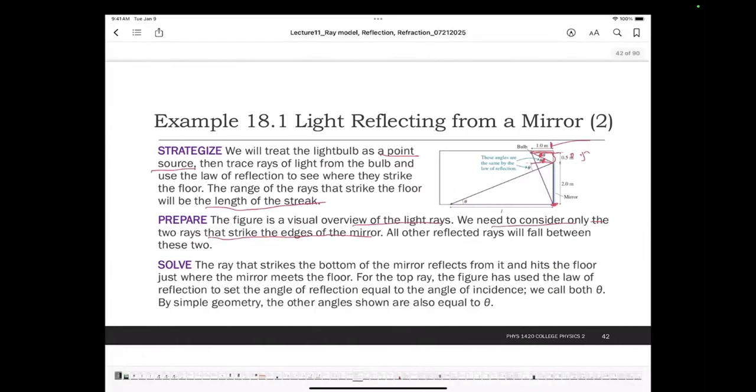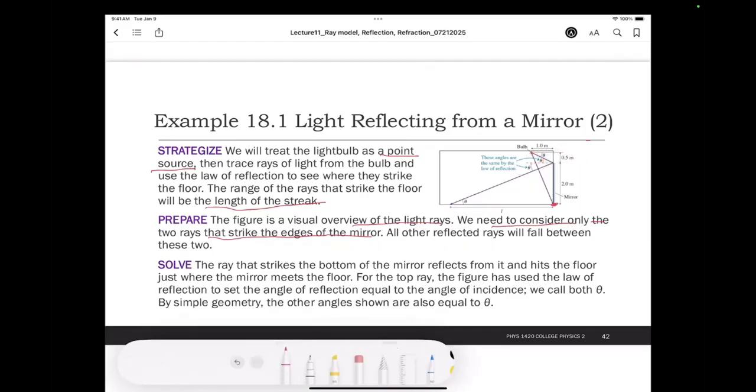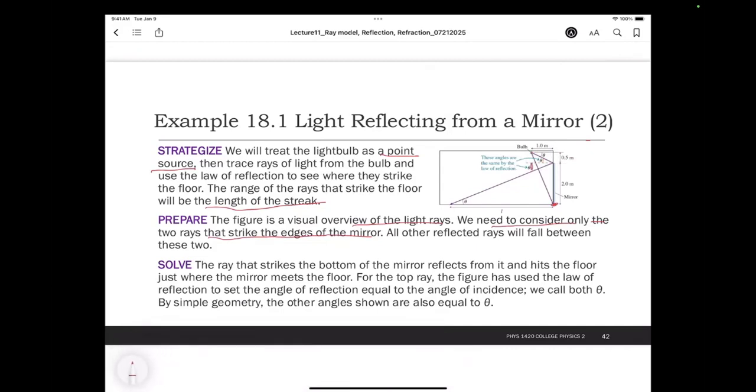Why? Let's talk about why. Because this one is also theta, right? This one and this one are parallel, right?